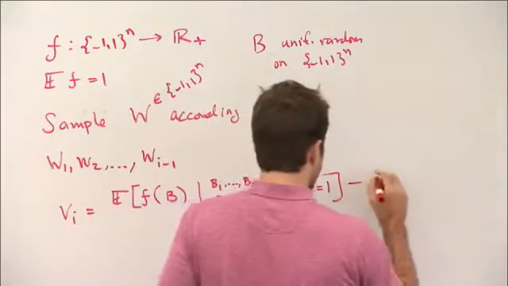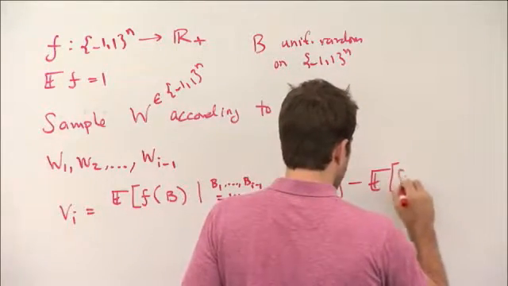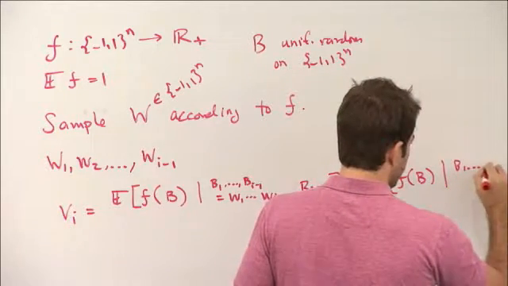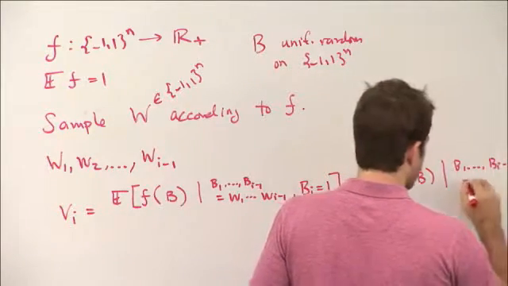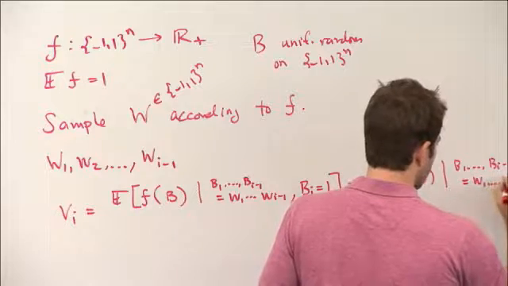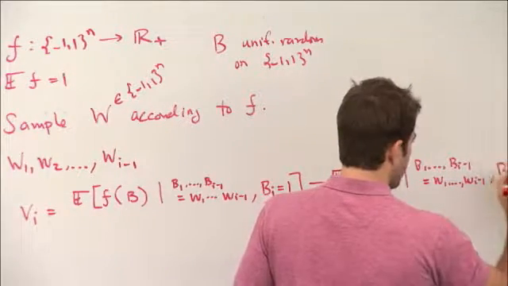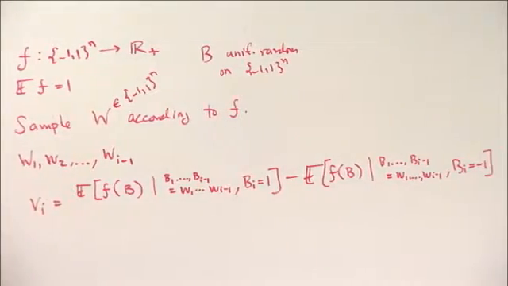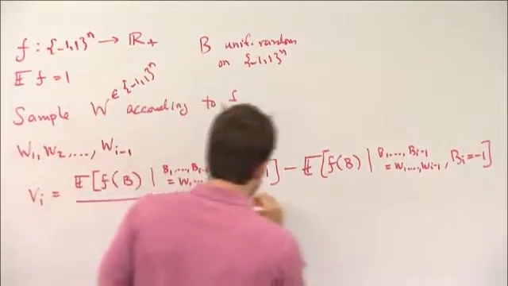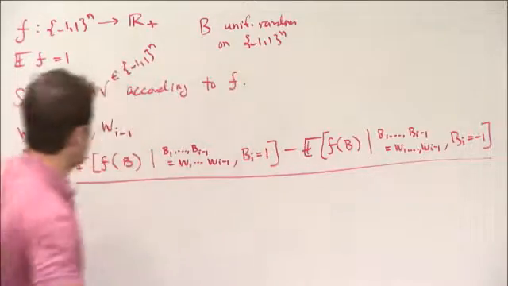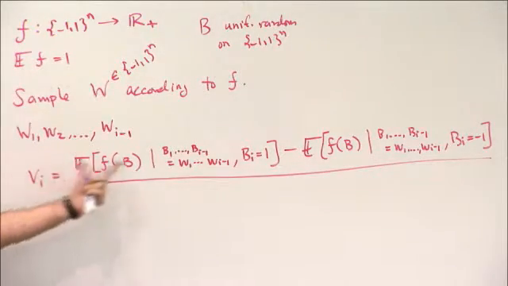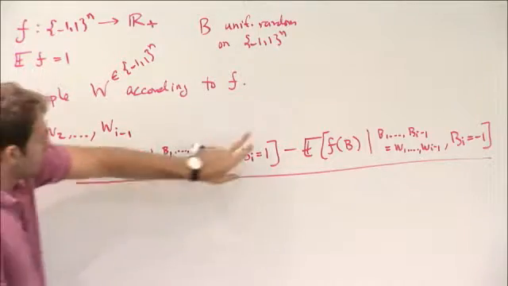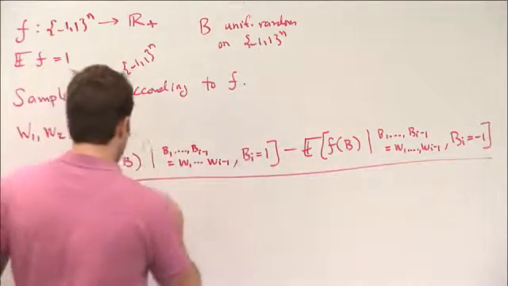And I'm going to subtract from this the expected value of f at a random string, exactly the same thing, but with what we've seen so far and the ith bit equal to minus 1. Then I'm going to divide this by the average of these two things, which is the expected value if you don't condition on what happens to the ith bit.